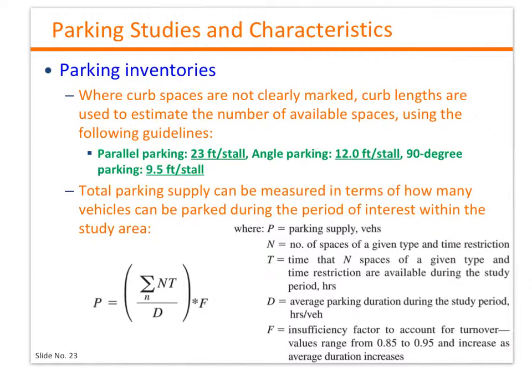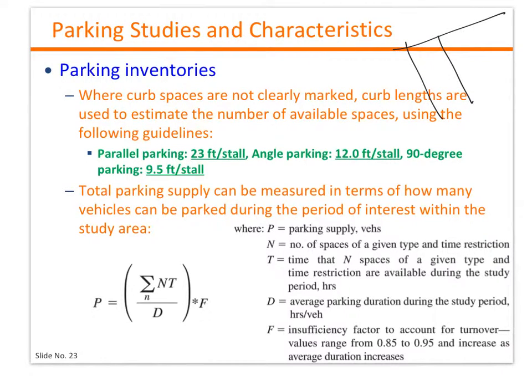If I have angle parking, I'm going to use 12 feet per stall. If I have 90 degree angle parking, that means I'm going to use 9.5 feet per stall. What does that mean again? In many cases, if you go to any parking facilities, you cannot see, for example here, the lining.